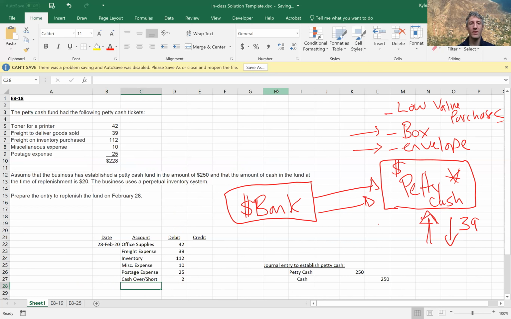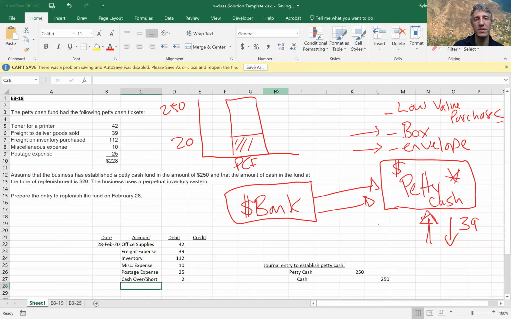So they want to know, and I maybe shouldn't have erased my petty cash fund, 250 is the target balance, and 20 is what's in there. So they want to replenish the fund by $230.